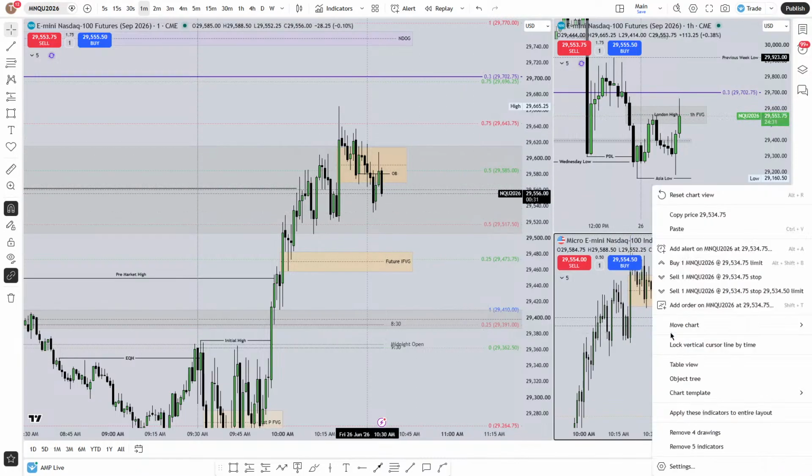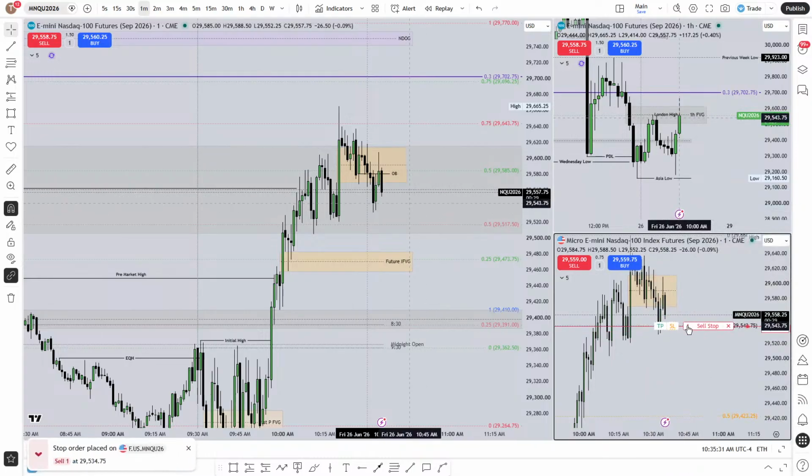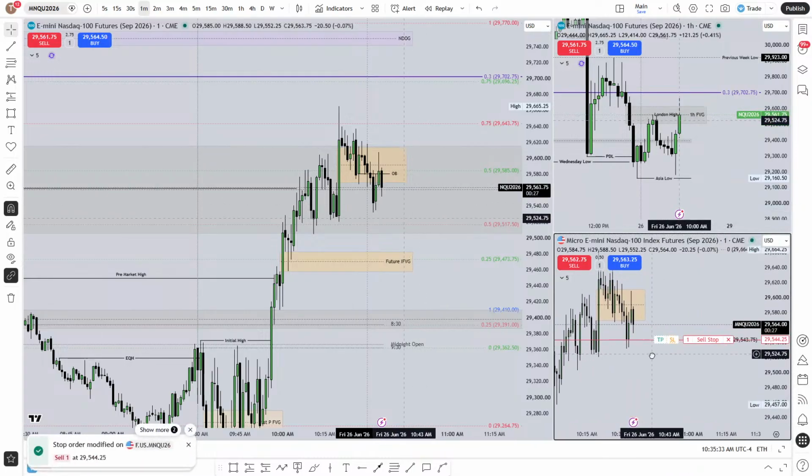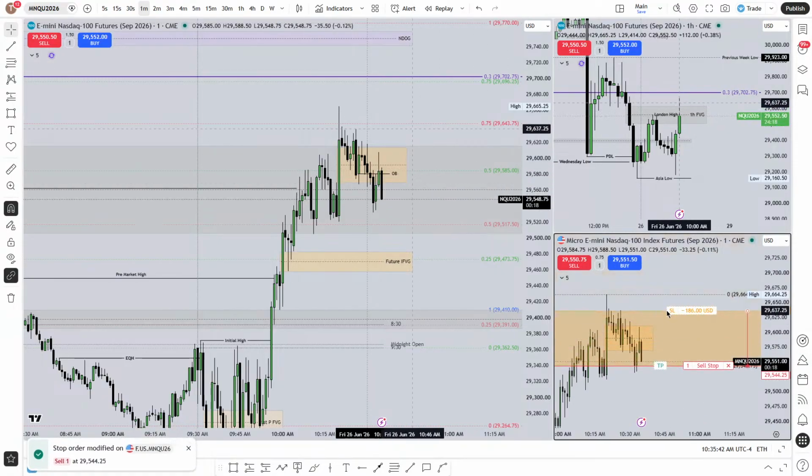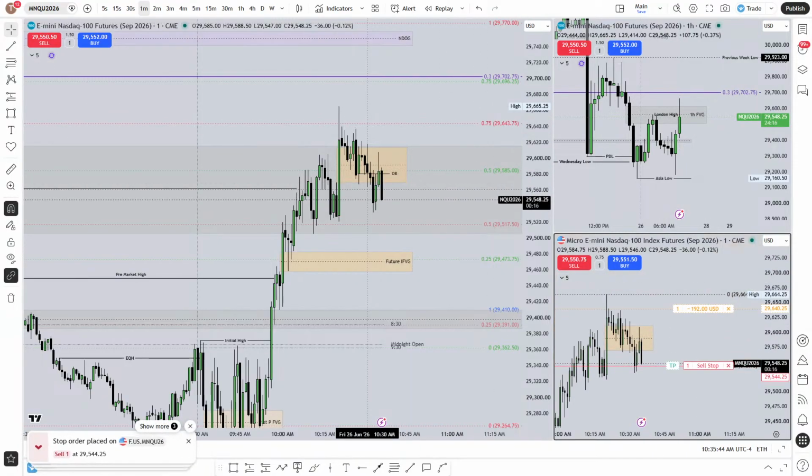So I think what I'll do is set a sell stop if we can get below that. Order filled.